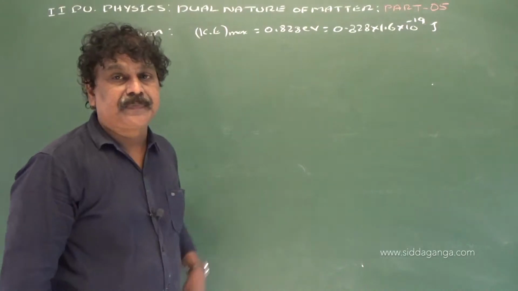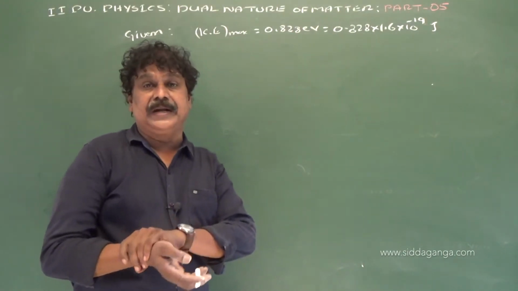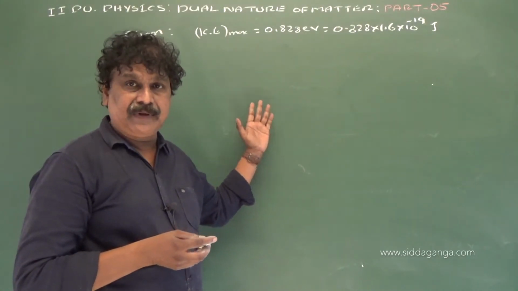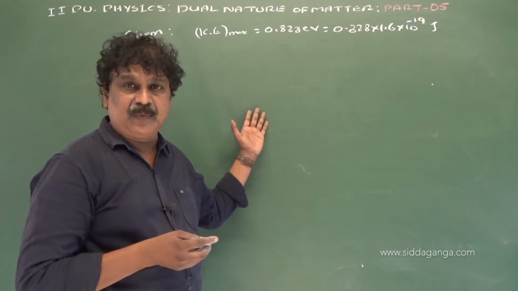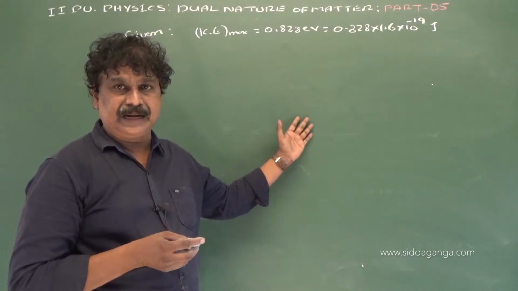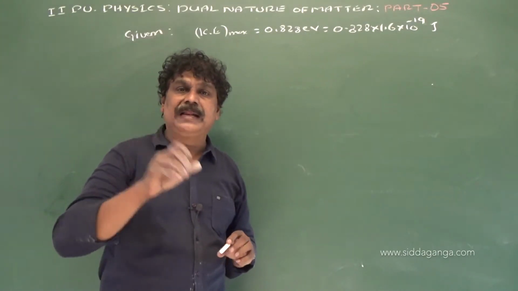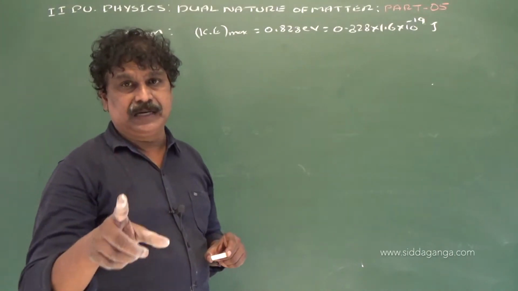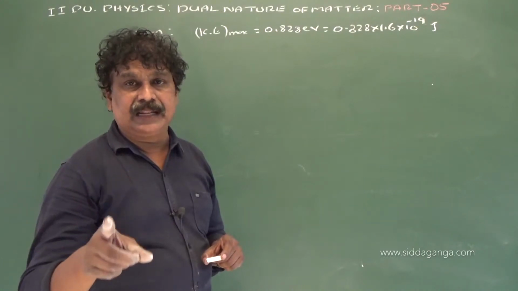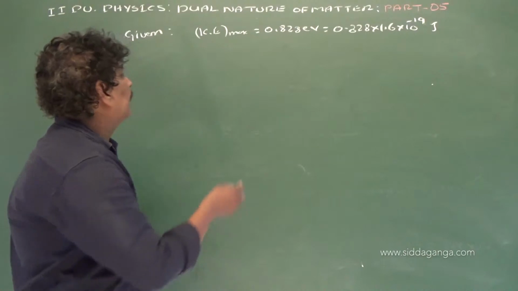It is because electron volt is a convenient unit, but joule is the SI unit. When we calculate the maximum velocity, its unit comes out in the SI system, meter per second. Therefore, we have to convert it into joule. So while calculating velocity using the kinetic energy, if the kinetic energy is in electron volt, then you have to convert it into joule.